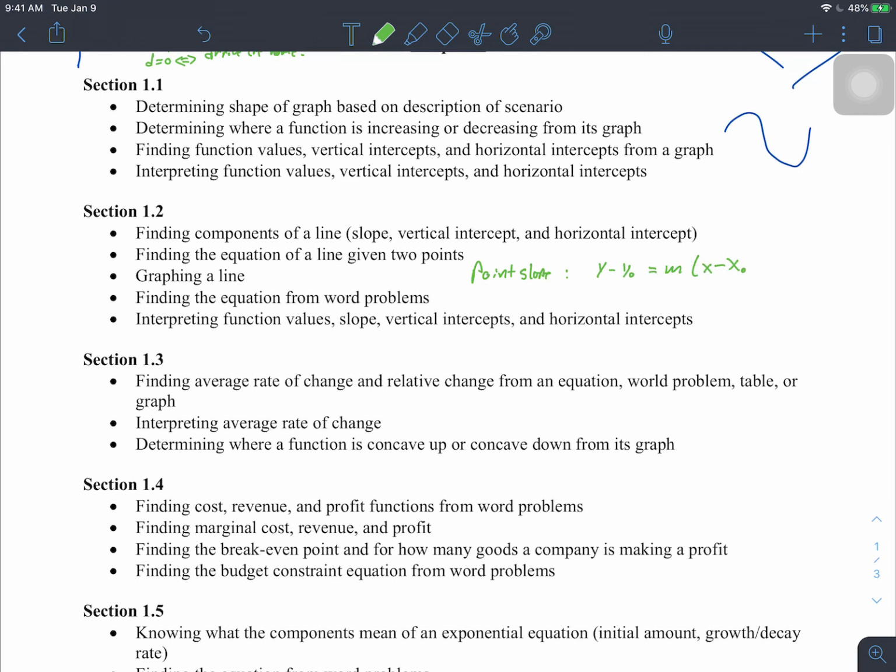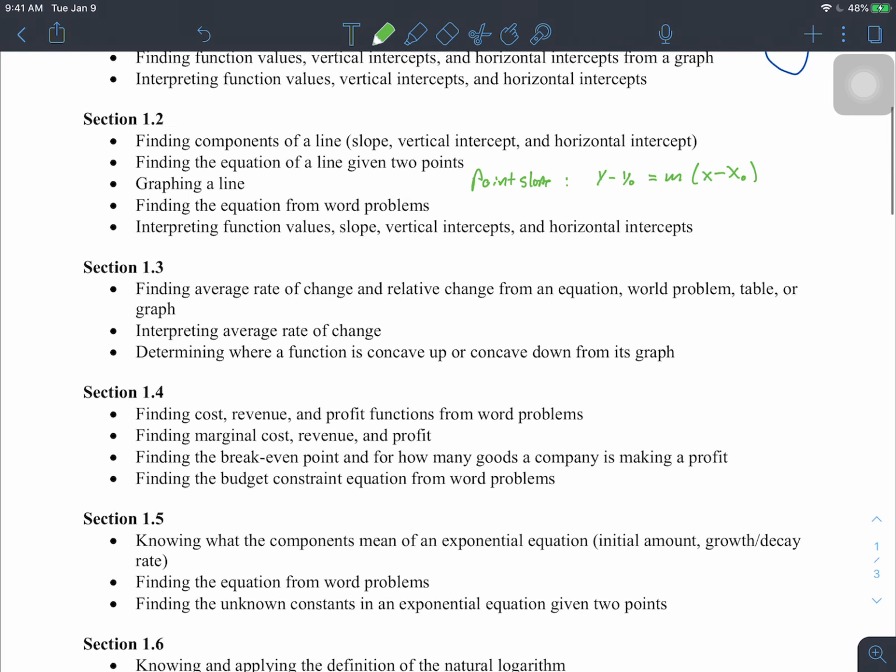So if we have the point and the slope, then we can write down the equation of this line. We should also know how to graph a line if we have the equation, and we should be able to find the equation from word problems, and we should be able to interpret all of these various properties of a linear function in terms of the word problem.